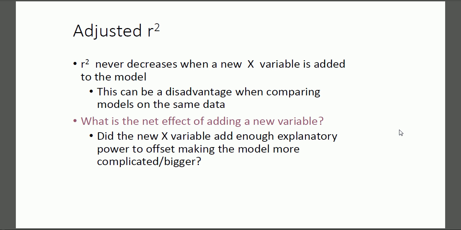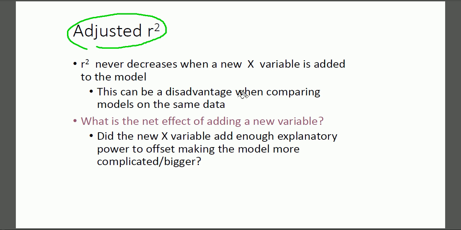That's not good if we're trying to come up with a good multiple regression equation to make good predictions, and we have a couple of different options we want to compare. R-square wouldn't be the way to compare between them. When we want to compare between models on the same data, we use what's called adjusted R-square.